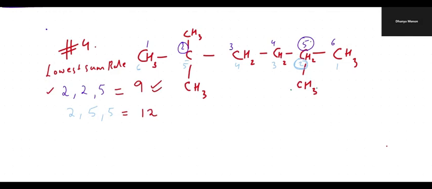So you would use this numbering where the branches are getting the lowest numbers. Okay, so which one would you prefer? You would prefer this one.